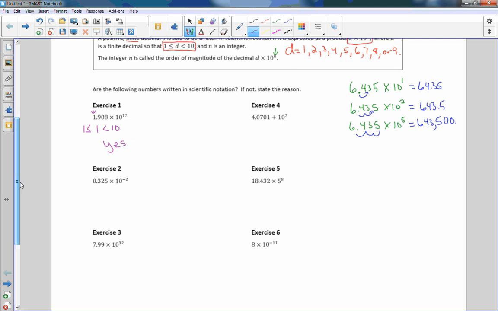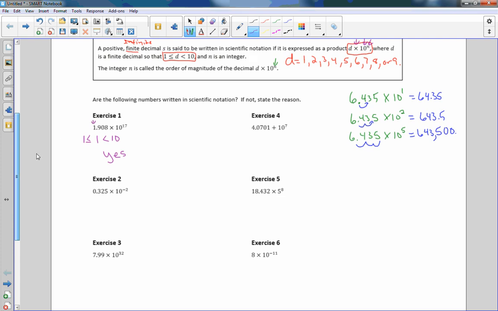Exercise 2. Actually, I don't want to scroll too much. I want those rules to stay up there. So the first thing I'm going to do is write 1 is less than or equal to, leave a space, is less than 10. I look at the number that's to the left of the decimal, and it's a 0. And 1 is not less than or equal to 0, so this is not true, so therefore this is not scientific notation.